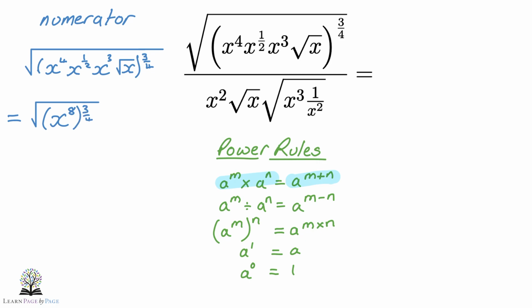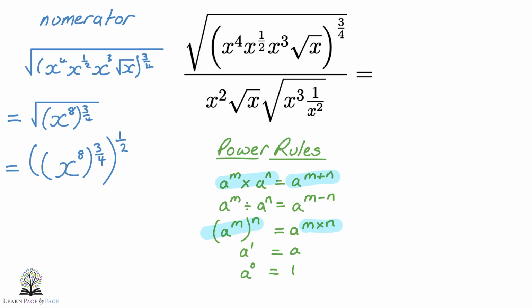And now let's eliminate the square root sign. So we have our x to the power of 8 to the power of 3/4. Now they're all to the power of a half. Let's sort that first bracket out. That's better, isn't it? And our next power rule we can use is the power of a power rule, which is this one here, where a to the power of m all to the power of n means we multiply the powers.